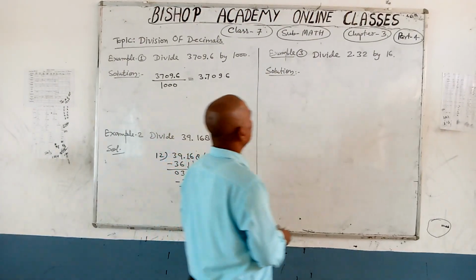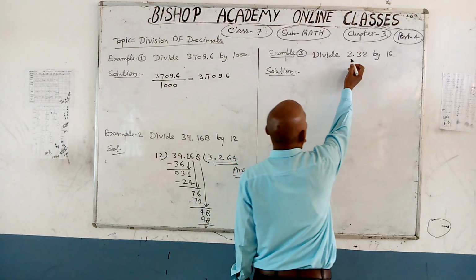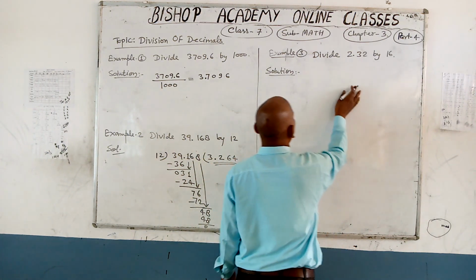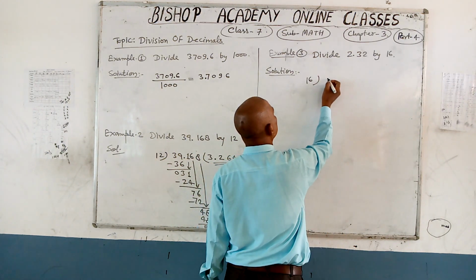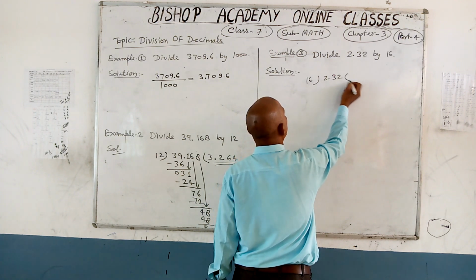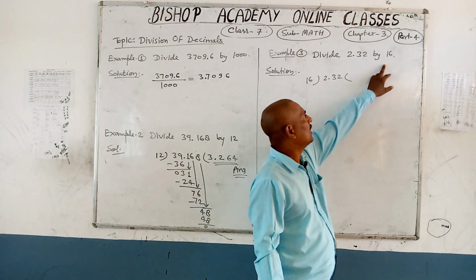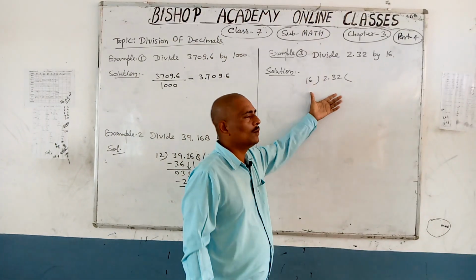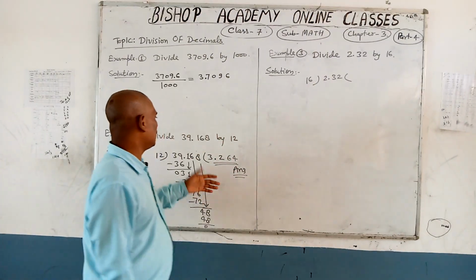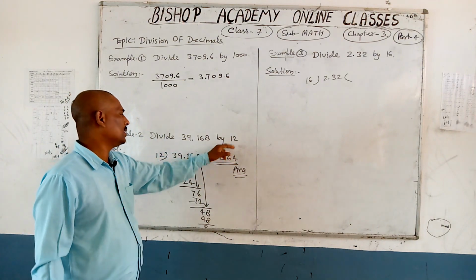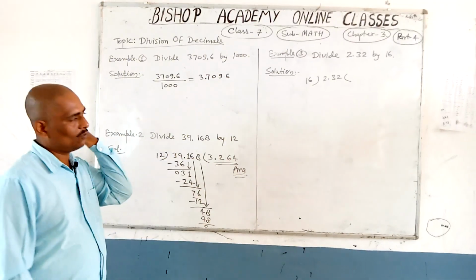Now see this example. You have to divide 2.32 by 16. You have to keep in mind that when your divisor is a whole number, you can divide in such a way. Here your divisor was 12, and you divided in the same way.